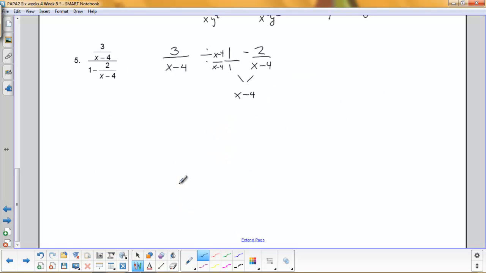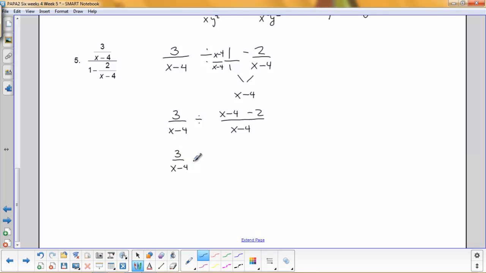So now I get 3 over x minus 4 divided by, notice I haven't changed this yet because I haven't made my common denominator. Avoid combining steps because then it's easy to make a simple mistake. Minus 2, all over the common denominator of x minus 4. Now I can go ahead and keep change flip.